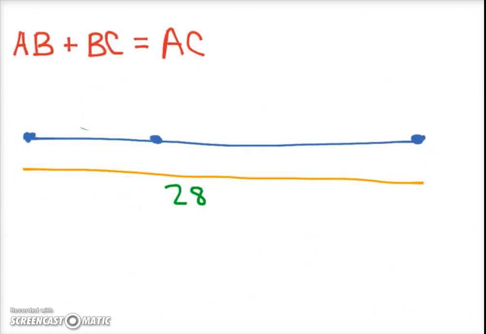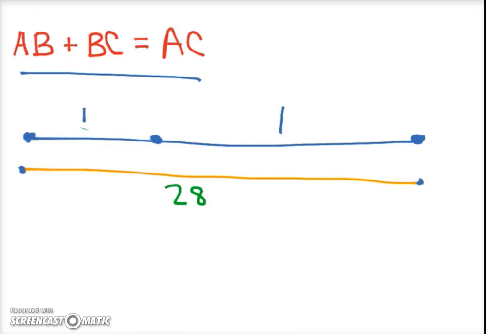Now, they're not always going to be this easy. Let's do another example. If you see at the top, I have the formula for this. This one says that the entire segment is 28. So what we need to do is think of two numbers that add together to equal 28.